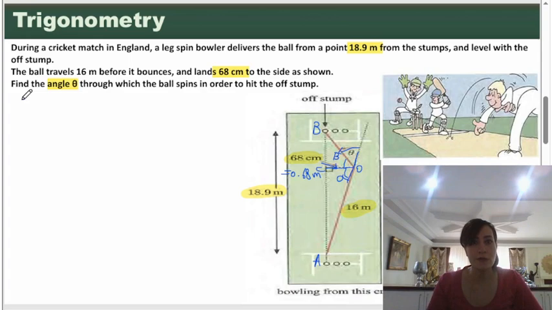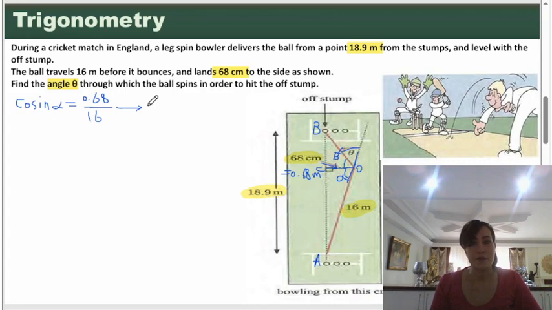So I say cosine of alpha equals the adjacent side over the hypotenuse. I converted it to meters: the adjacent side equals 0.68 over 16. Now to find alpha, I take inverse cosine.